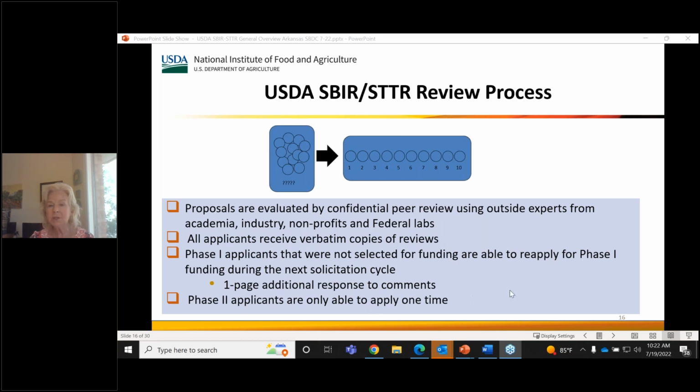And again, just to emphasize that phase 2 applicants can only apply once for phase 2. So you want to make sure that you're really ready to apply for phase 2. If you can wait a year, phase 1 is typically 8 months, although it is very easy to get a 12-month extension.